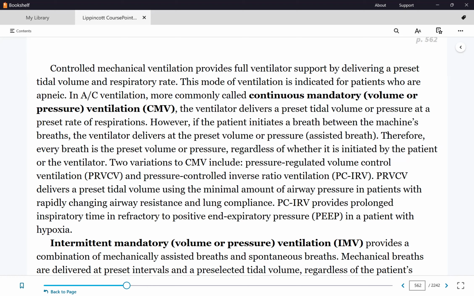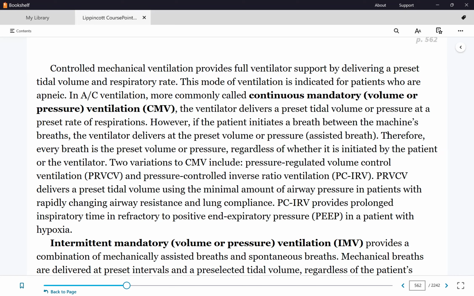So it will give 10, regardless of what the patient does. You put them on AC mode, put the setting there: give 10, 400 each time. Of course, the vent will follow what you told it to do. Every 6 seconds on the dot, I'll give one. But if the patient wants one in between, here you go. They still get the 400.